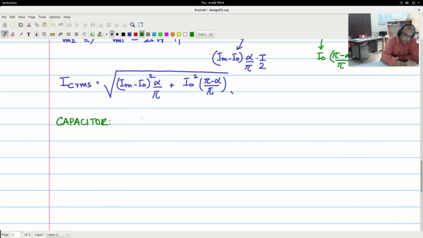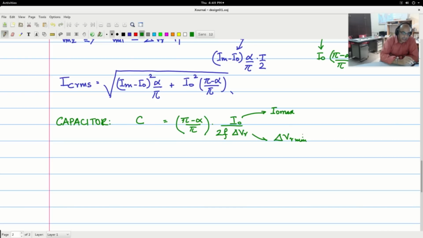We know the C value is given by the equation that we just now derived, I₀/(2F·ΔVR). For this I₀ you should take I₀ max, the maximum possible I₀ that flows, and the minimum value of ΔVR, ΔVR min.